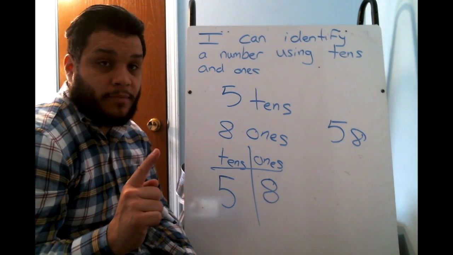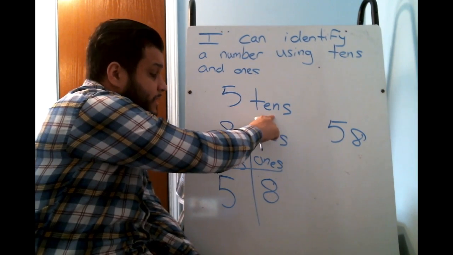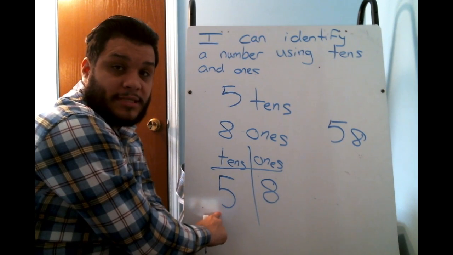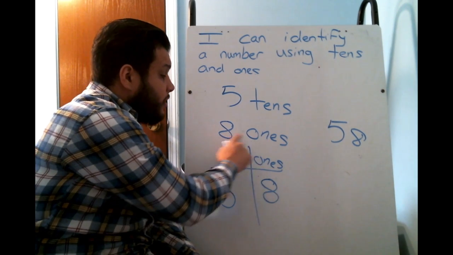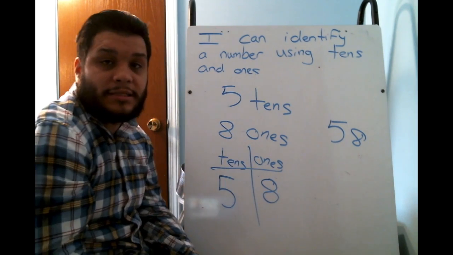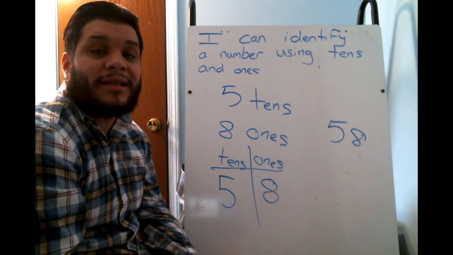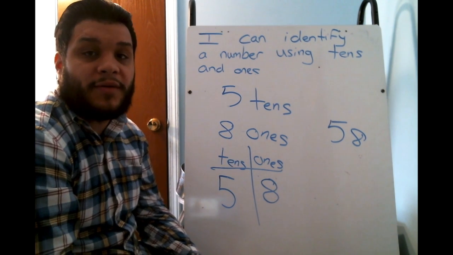Just remember that whatever number is here with your tens needs to be in your tens place in your number. And whatever number is here with your ones needs to be here in your ones place. We keep our place value consistent so that we get the correct value of that number.